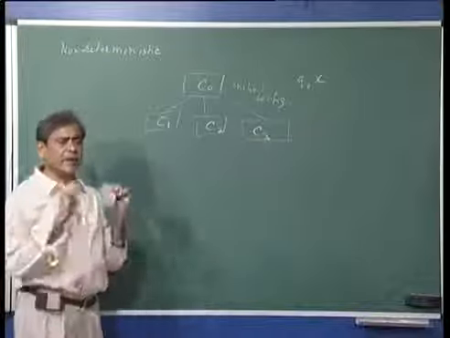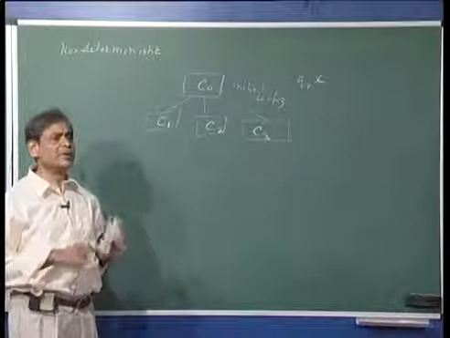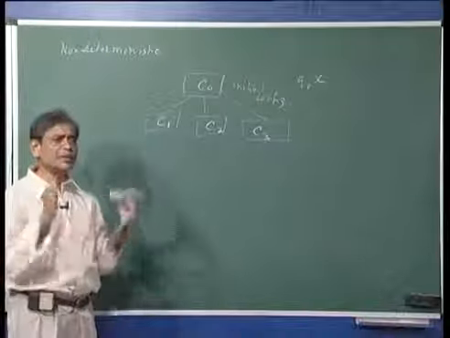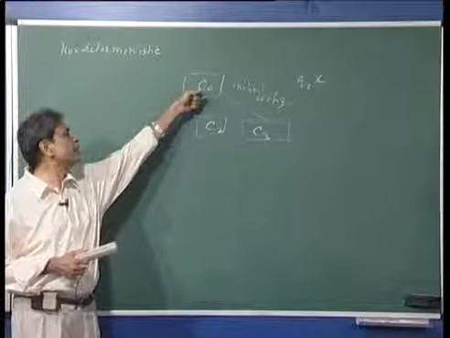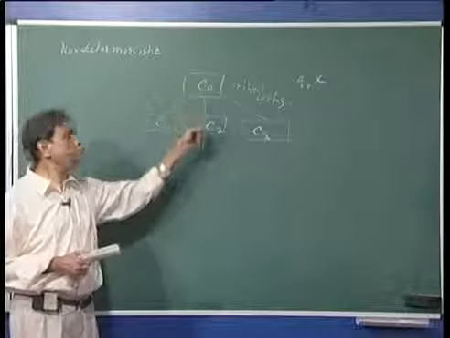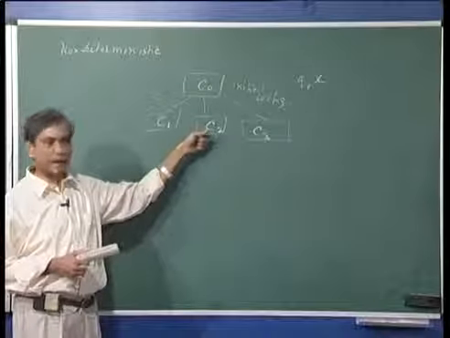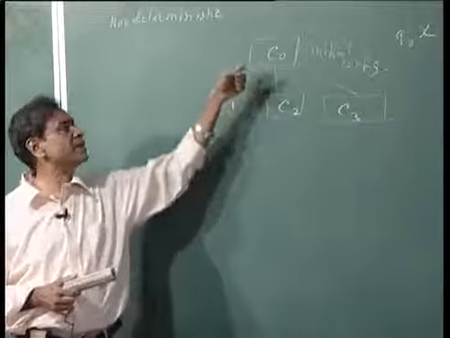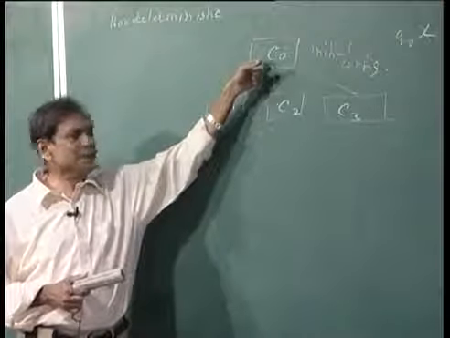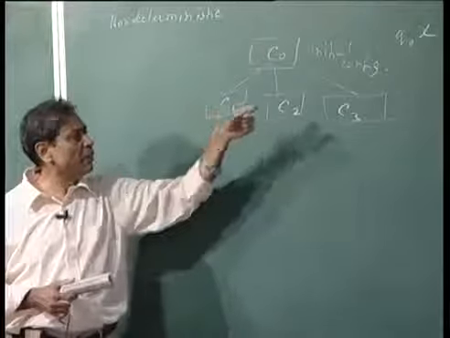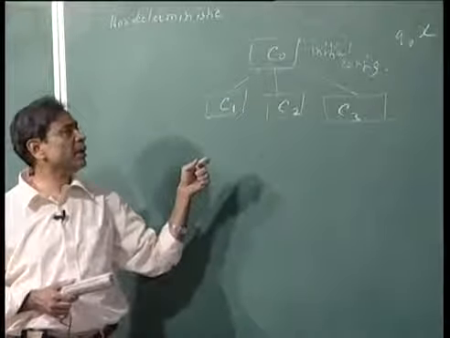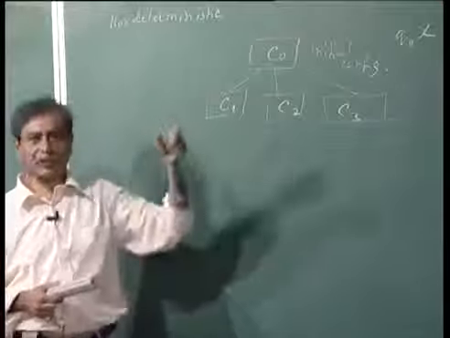Remember, when we speak of a non-deterministic machine as opposed to deterministic machines, we cannot say that from this configuration the machine will go to that configuration. All we can say is that the machine is in some present configuration, there are a number of configurations, and the machine can go to any one of them.